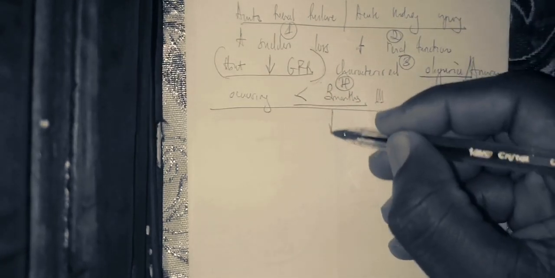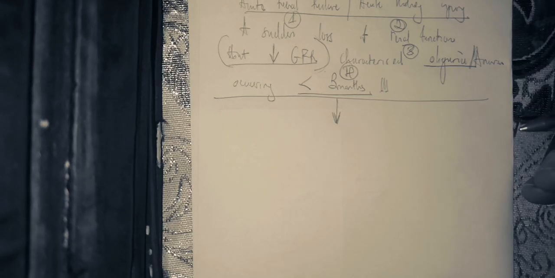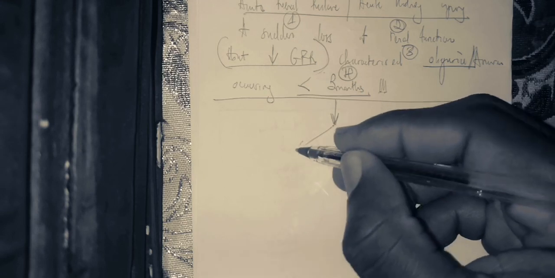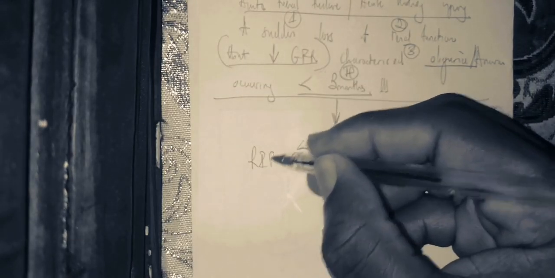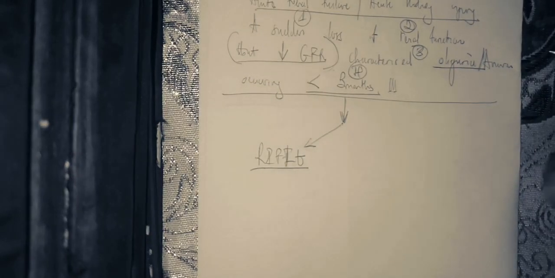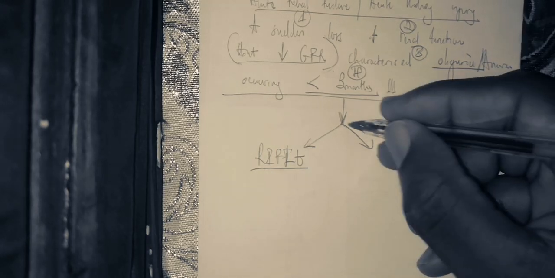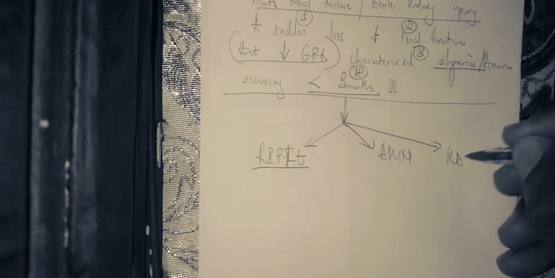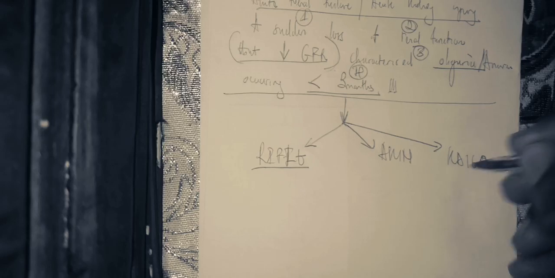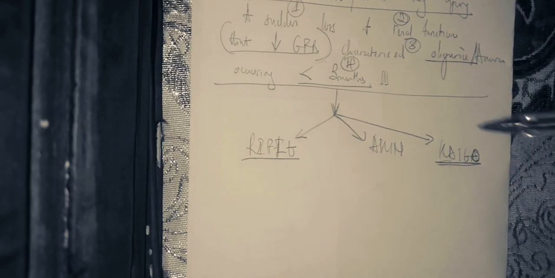Now, we need to know that is the definition of renal failure. For this definition, you can still use different classifications of renal failure in order to know the definition. We have the RIFLE classification of renal failure. Is it clear? We have the AKIN classification, and we have the KDIGO classification of renal failure. KDIGO is used both for acute and chronic renal failure.